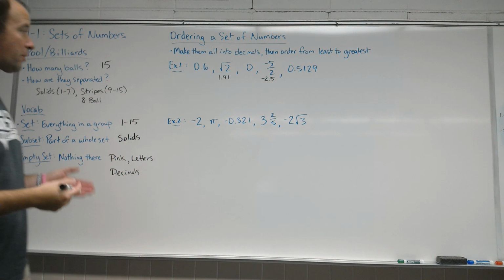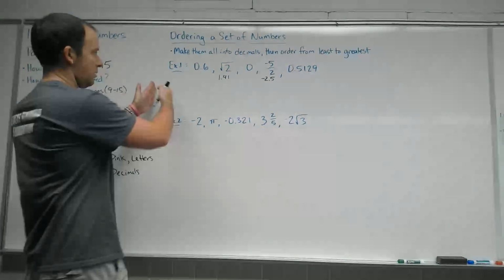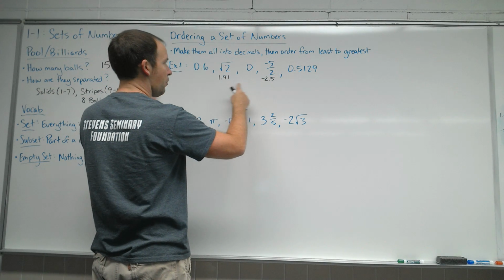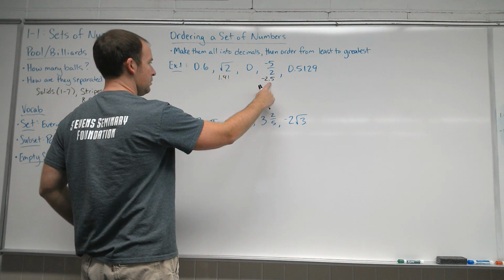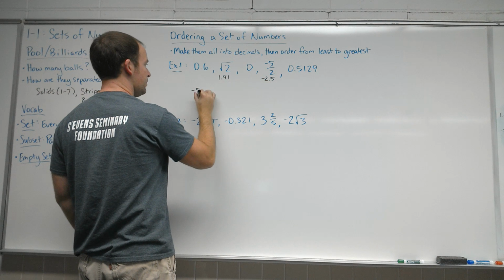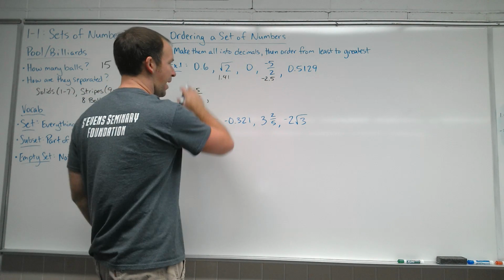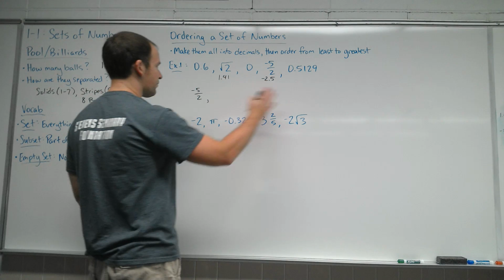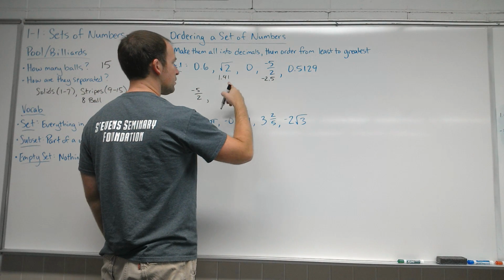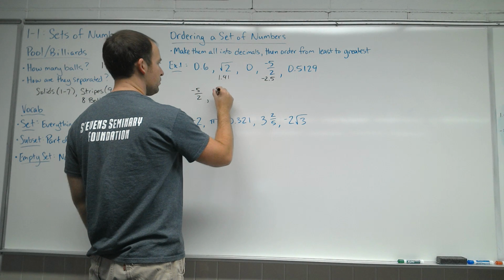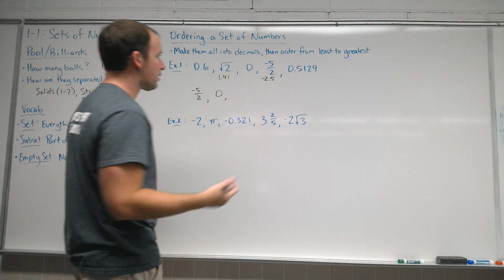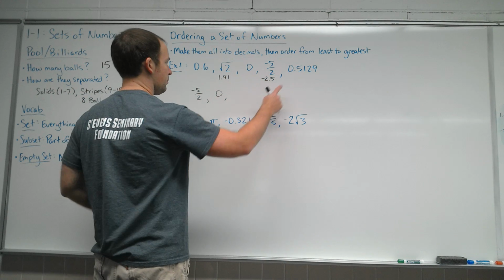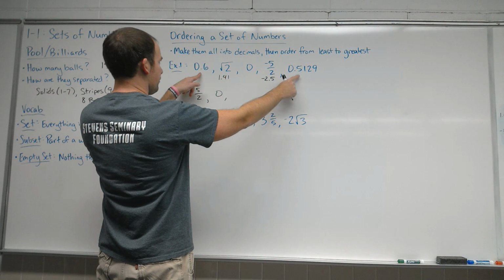So from least to greatest, we start with the most negative thing. We work our way to the most positive thing. Okay, so up here, the only negative thing is this guy. So that's negative 5 over 2 is the smallest number. Okay, put it back in its original form. Okay. Then that's it for negative, so that one's done. Okay, and then we have 0. And then we get into the positives. The smallest positive number between these two, we count just place by place.